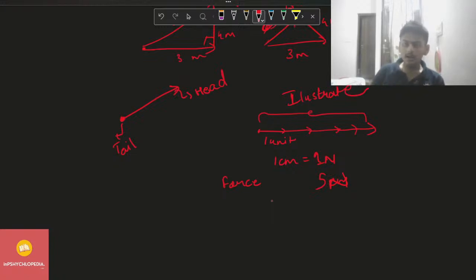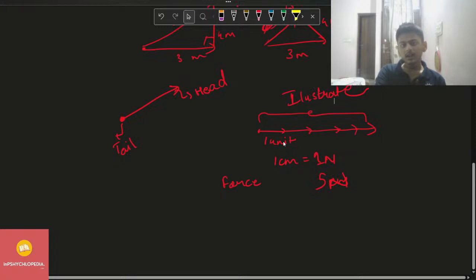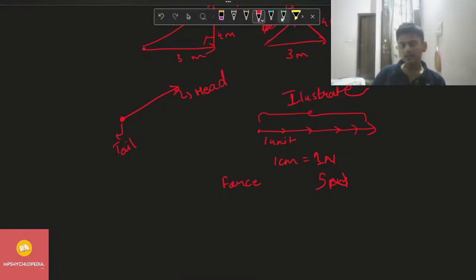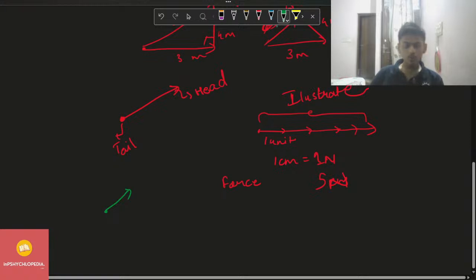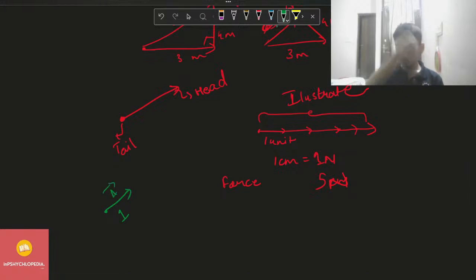So this is how we illustrated a vector. Now you know that a vector of magnitude 1 in any direction can be used in this way. Let's say this is a vector and the magnitude is 1.